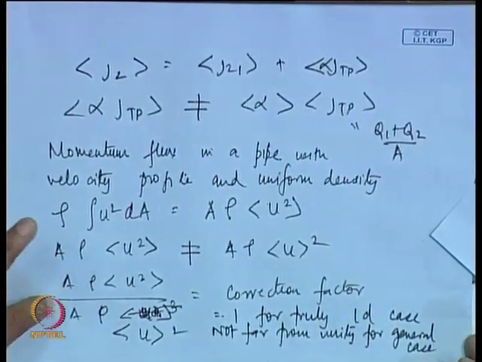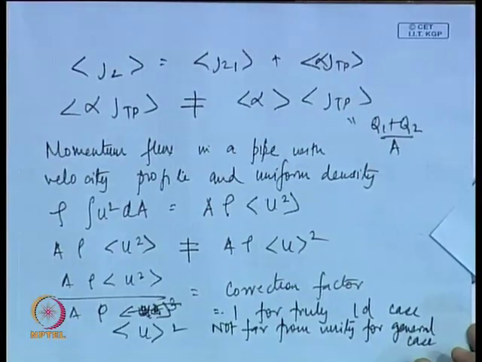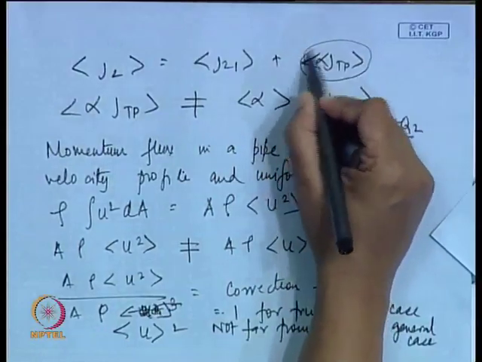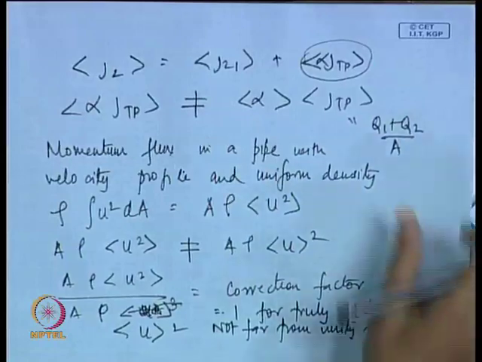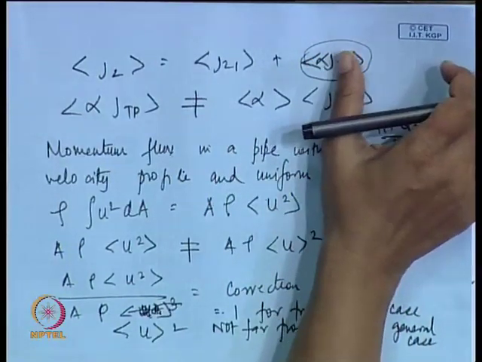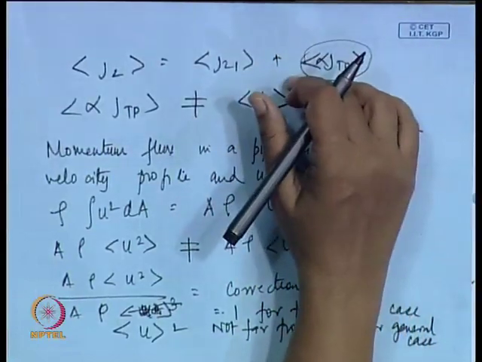So, in this particular way the correction terms were introduced. Similarly, a similar approach was taken for this particular term here, alpha JTP. Instead of alpha JTP, if we can replace it as alpha averaged, JTP averaged, into a correction factor, then the situation becomes simpler, provided the correction factor equals unity for the truly one dimensional case and is not far removed from unity for the general case.